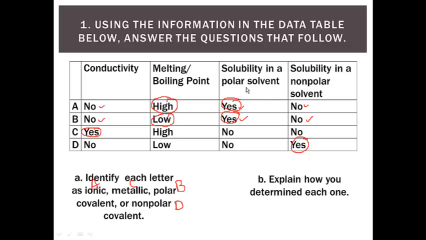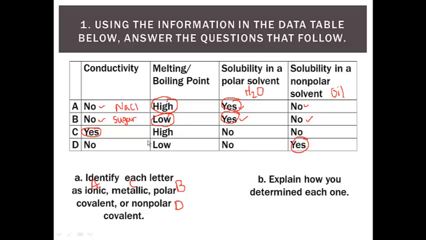A polar solvent could be something like water. Nonpolar would be something like oil. So an ionic compound could be something like salt. A polar covalent would be something like sugar. We all know that sugar dissolves in water and that it melts at a low temperature. So you can melt sugar on your stove.